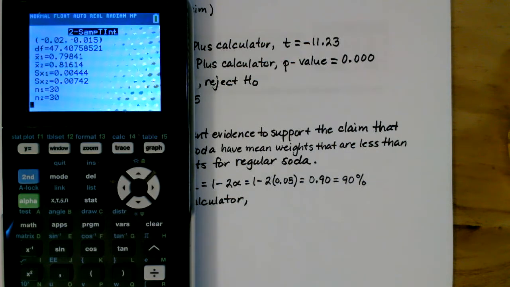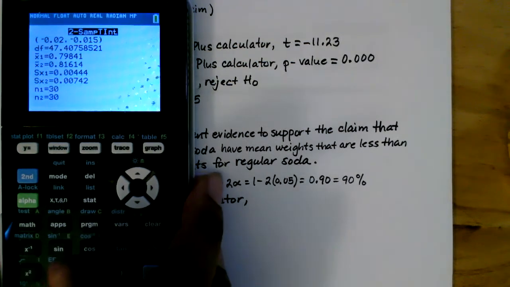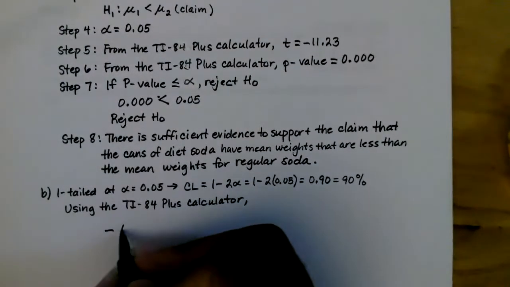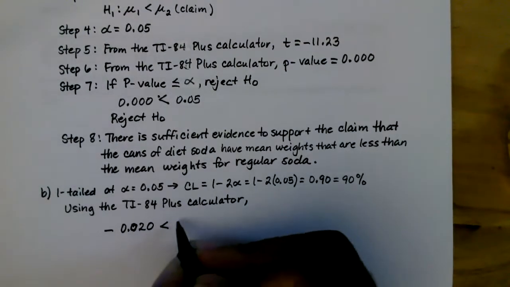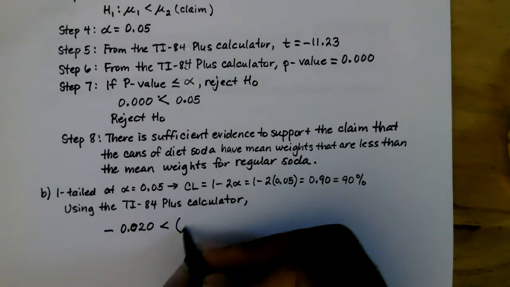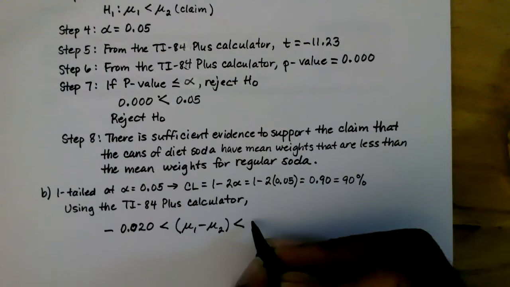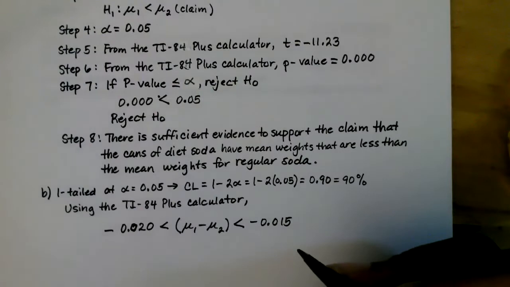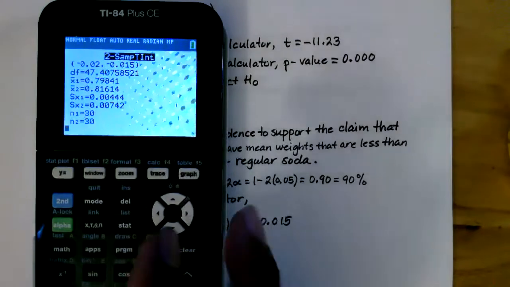So this right here represents my confidence interval. Okay. Now, if I was to write this out to 3 decimal places for a confidence interval, it would be this. Negative 0.020 is less than mu sub 1 minus mu sub 2, which is less than negative 0.015. So that represents this confidence interval that you see on the top.